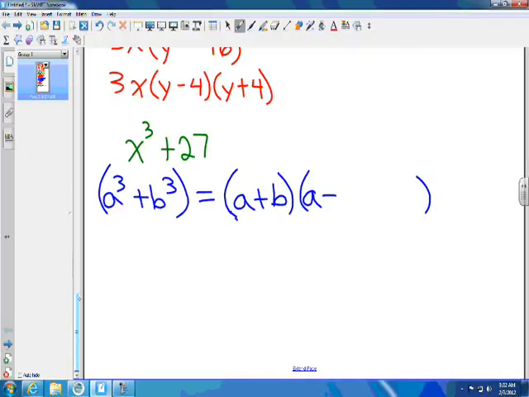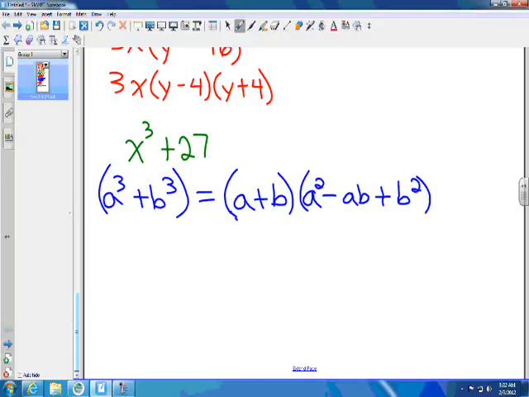To get this middle term, you're going to multiply these together, which would give you ab, and then plus, square this last one, and that would give you b squared. It's the same exact pattern for difference of cubes, except both of these are plus. That's the only difference between sum of cubes and difference of cubes. Just those signs right there are both plus.